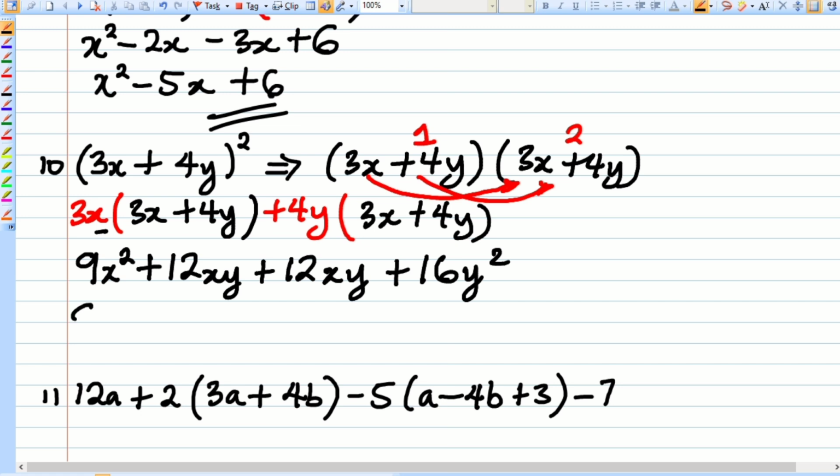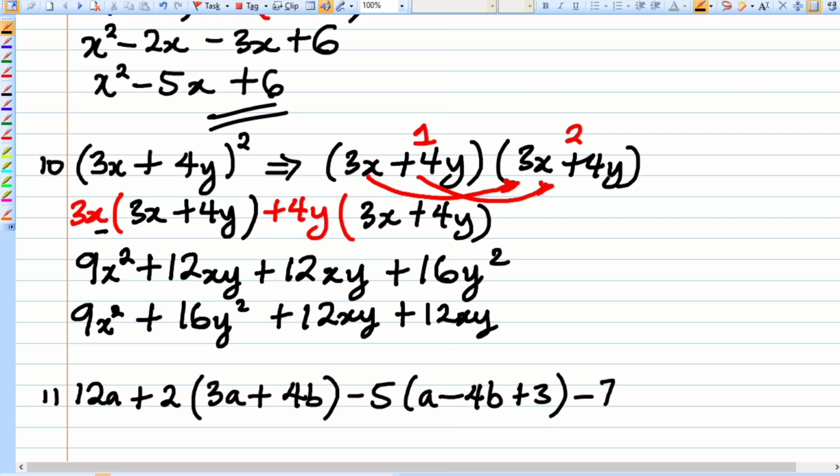We have 9x squared. It doesn't have any like term. Plus 16y squared. Remember, we have to collect this in order, the highest power. So raised to power 2 is the highest power. That's why I'm collecting them first. Then plus 12xy plus another 12xy.